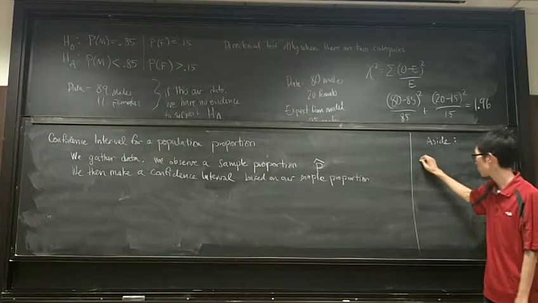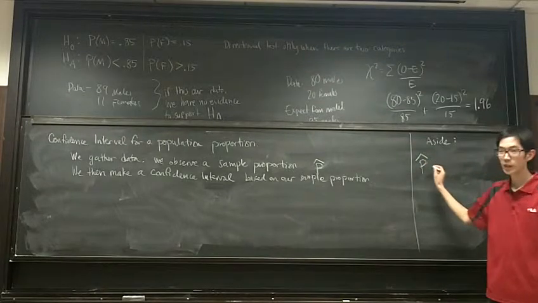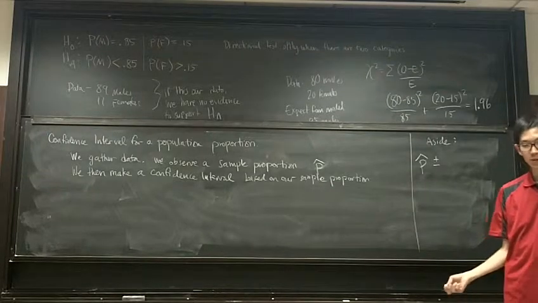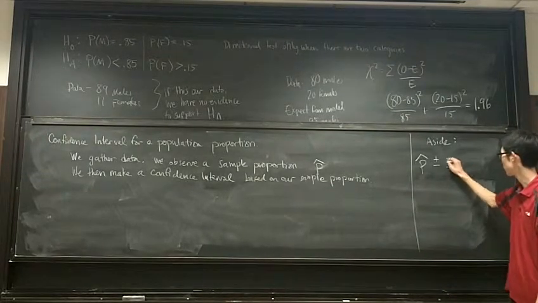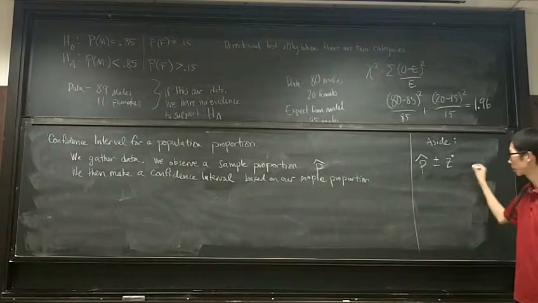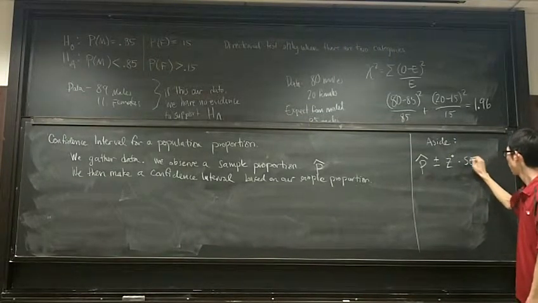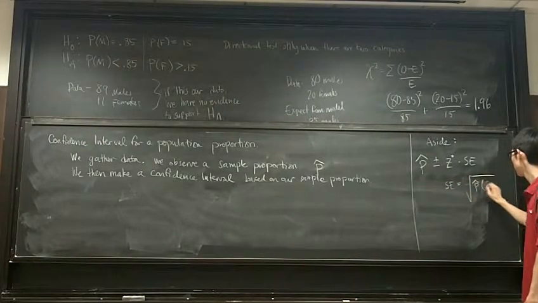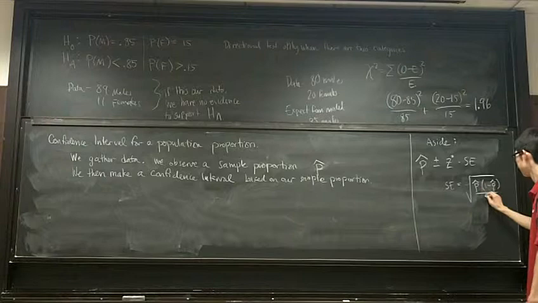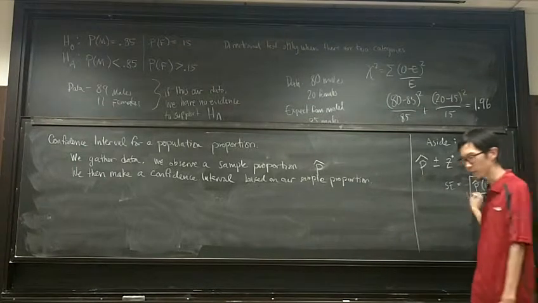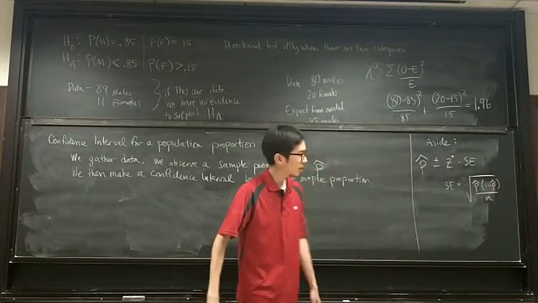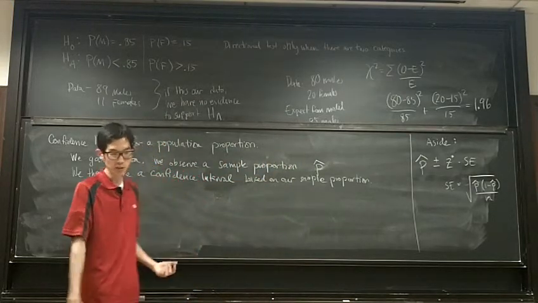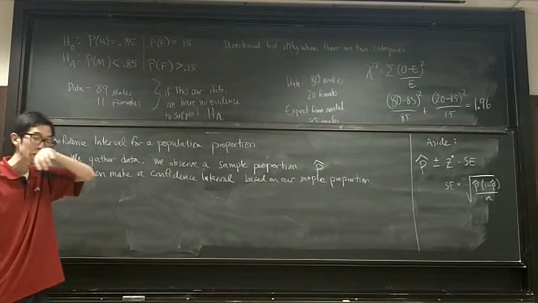Many other textbooks will put p hat in the middle and go plus or minus the critical value, which in this case is z star, times the standard error. The standard error would be the square root of p hat times 1 minus p hat over n. That's how most textbooks approach this subject, but our textbook does something a little unique, with good reason.